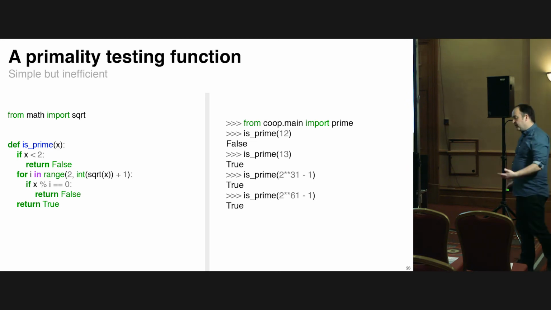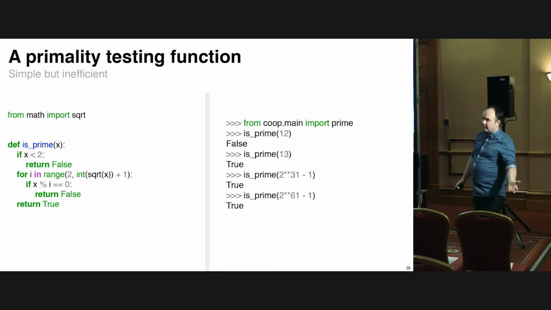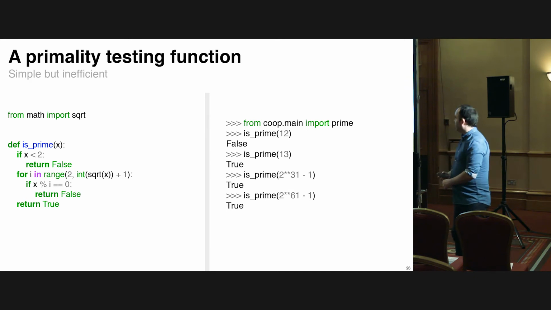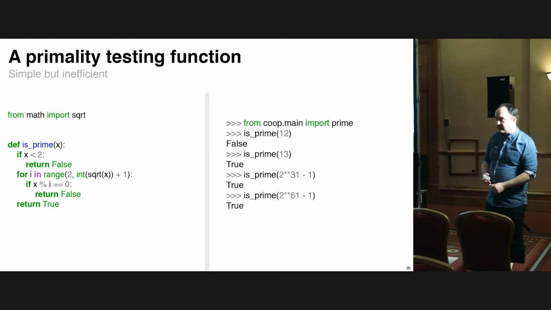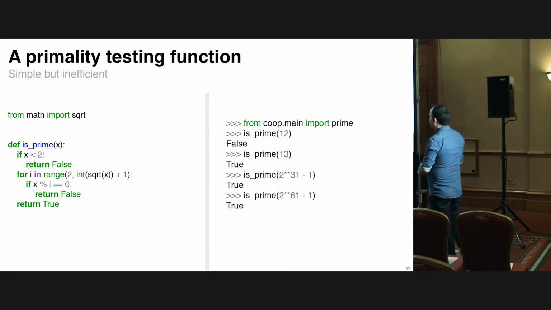Okay, so we're generating Lucas sequences and we're searching Lucas sequences, but I want something that does a little bit more work, right? So here is the world's least efficient primality testing function, and it's deeply in my interest that this function is not very efficient, because the objective is not to find prime numbers, the objective is to do work, right? So this is great.